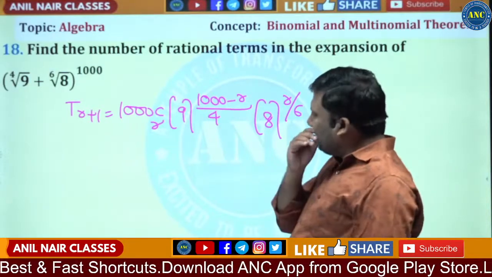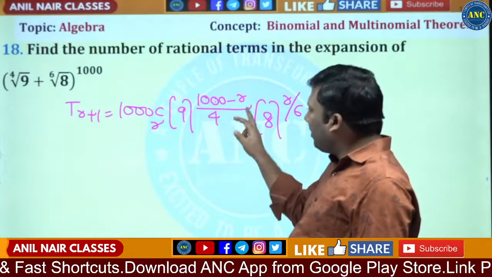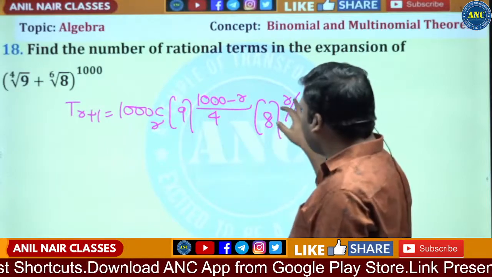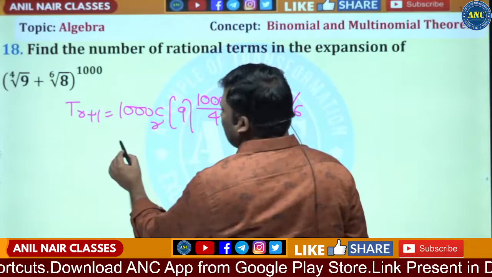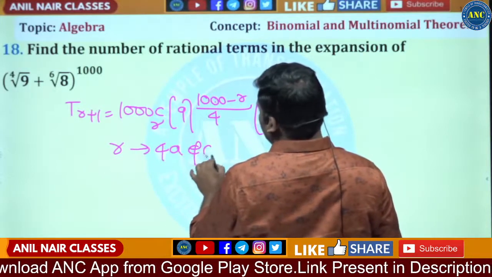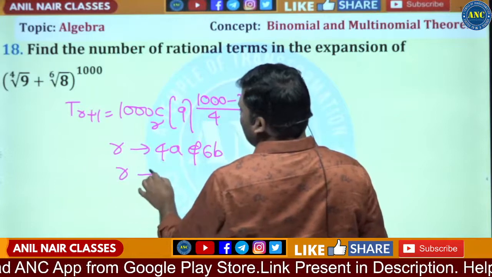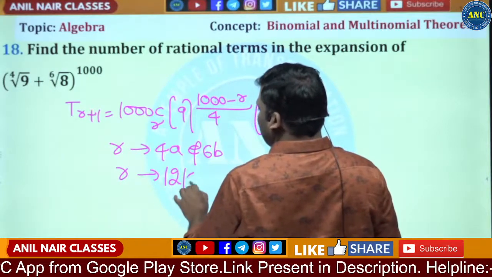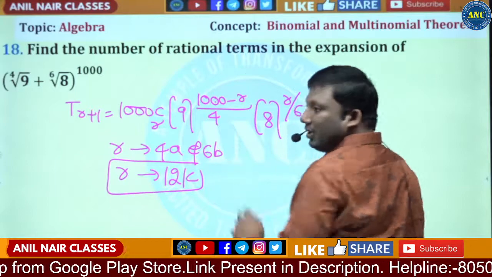Now if you see here, 1000 is divisible by 4, so r should be divisible by 4 and r should be divisible by 6. That means r should be divisible by 12.